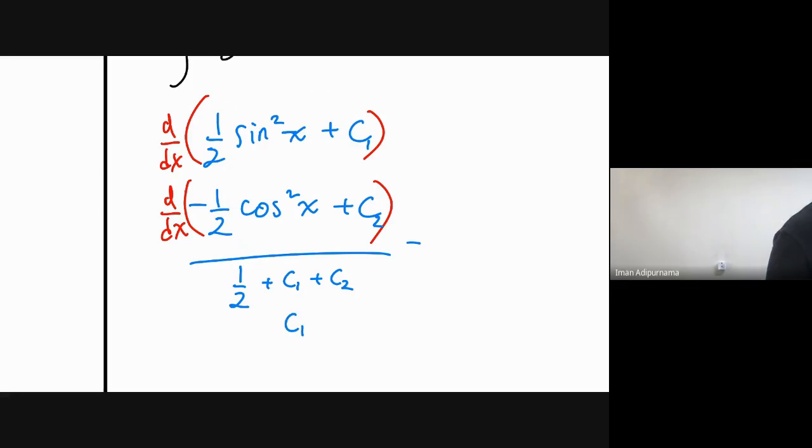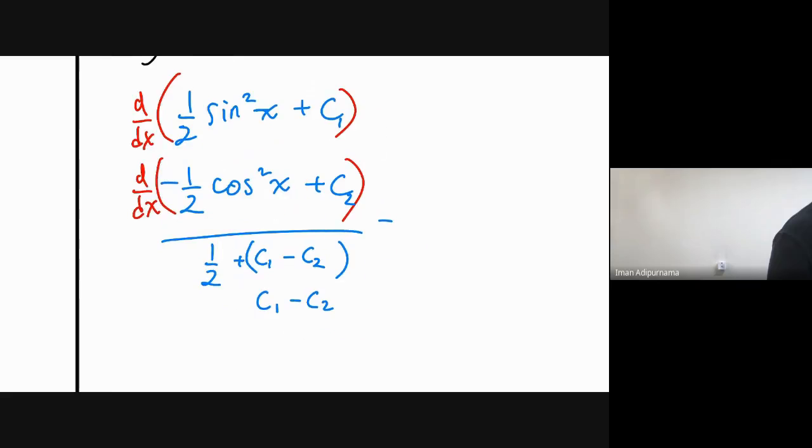So C1 and C2, if this is equal 0, is actually the gap between the constant is half. So the constant is different value. That's why in every integration, you need to write the C. Okay, you need to write the C because the constant will make a difference. Okay.